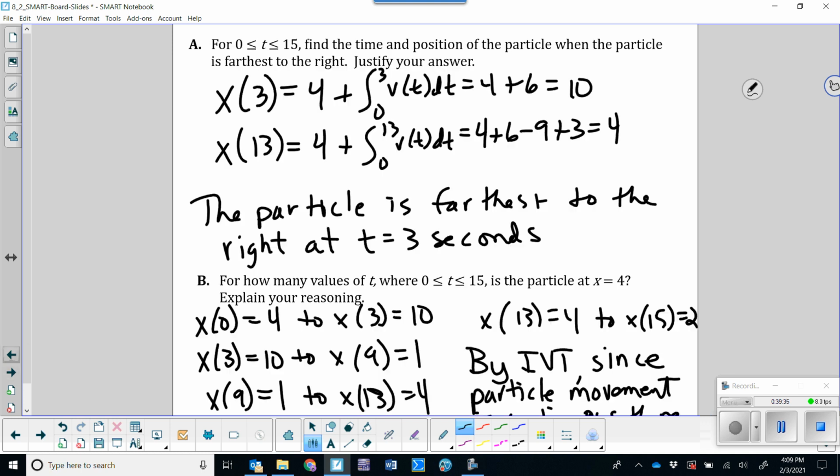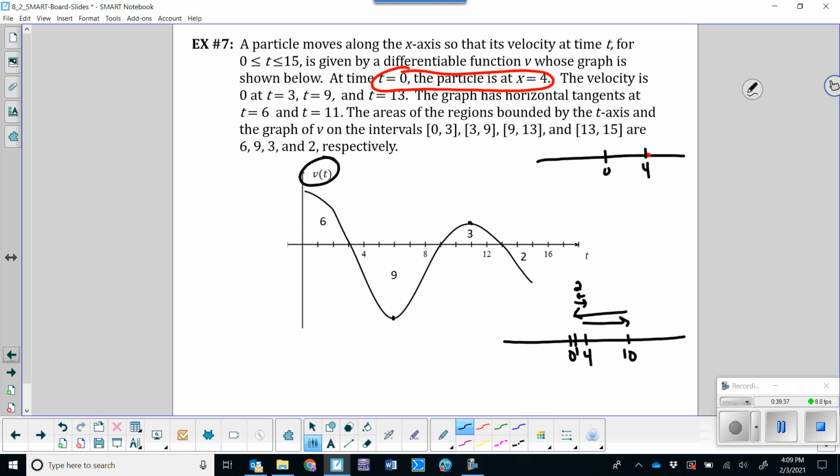Okay, so let's go back and look at our graph. So remember that the acceleration is the derivative here. So from 0 to 3, the derivatives are all negative. So velocity is positive, but the acceleration is negative. So from 0 to 3, it has to be slowing down.